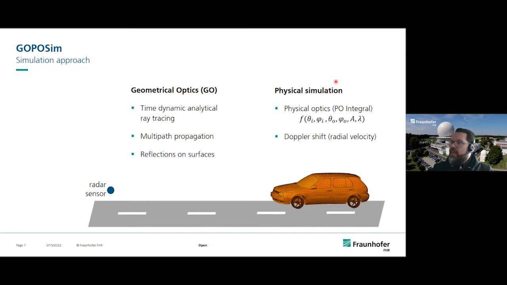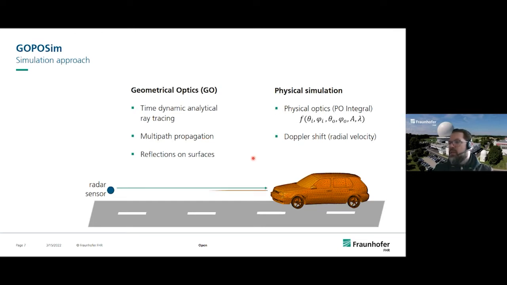On the other hand, we have also physical simulation aspects in here, so we can solve the physical optics integral, which means that we can model scattering realistically. So each polygon here is scattering power in a realistic fashion. And we can also directly extract the Doppler shift, which is occurring at each polygon here. Coming back to the multipath propagation, what does it mean that we are restricted a bit?